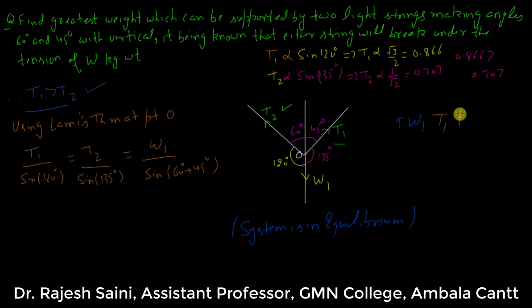Now you will see when we go on increasing W1, T1 will also increase, and at one point this T1 will become equal to W kilogram weight, and after this if we increase W1 further, then this string will break, and when this string breaks, this whole system will become useless.